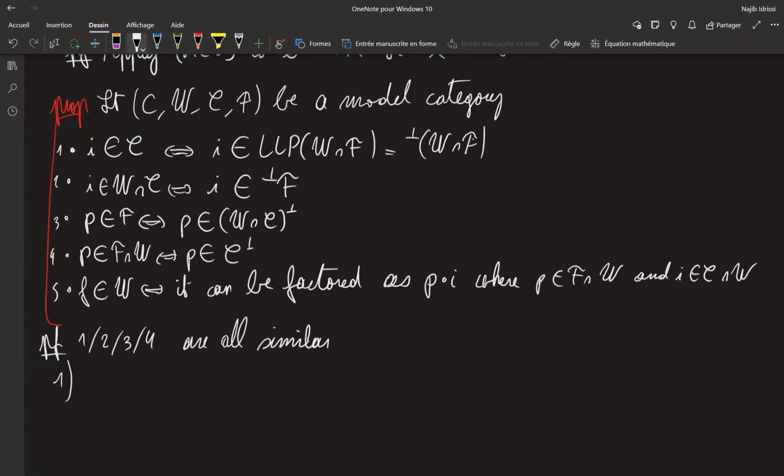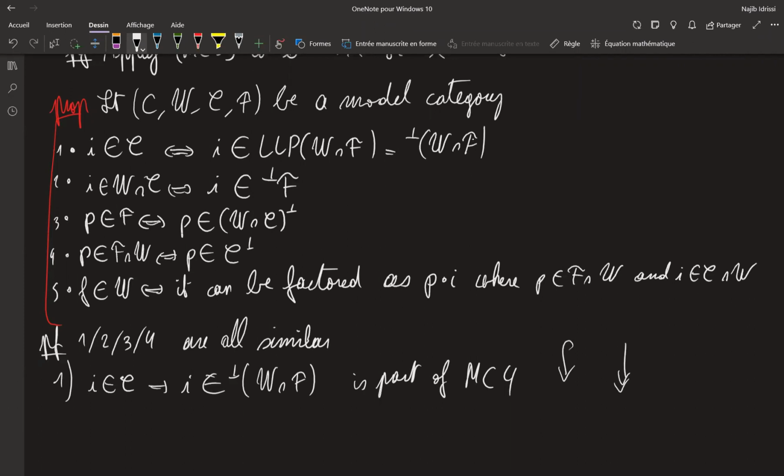So to say that i is in C implies that i is in the set of maps which have the left lifting property with respect to W intersect F is part of MC4, right? Whenever you have a cofibration and an acyclic fibration, you can always find a lift.